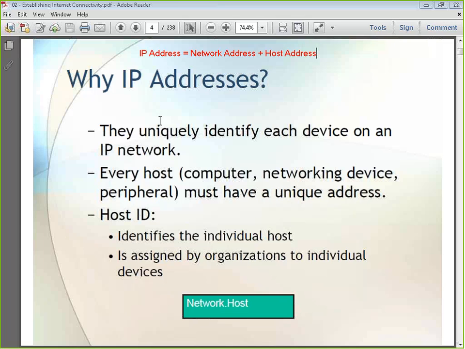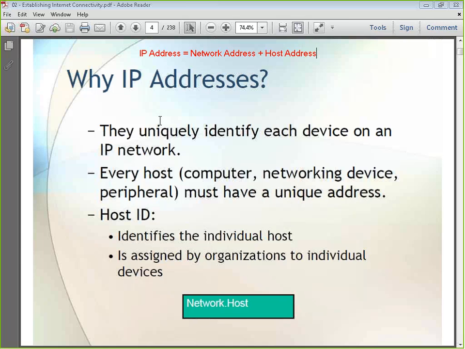Whenever we talk about an IP network, it is identified using a network address. You understand? All the nodes or hosts within a single IP network can communicate with each other. Remember this. All the hosts within a single network address can communicate with each other.